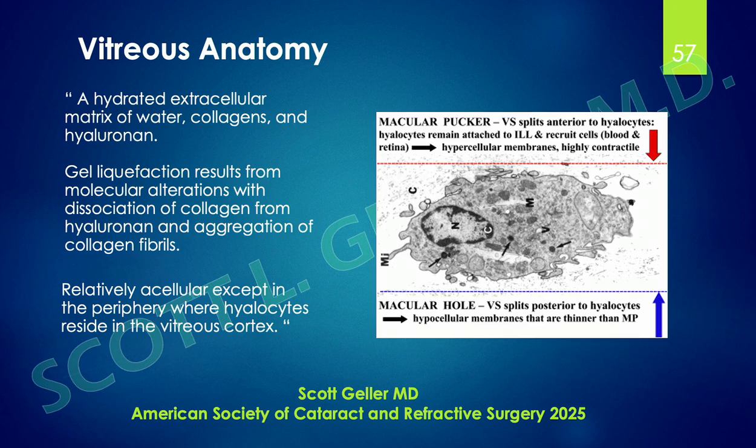That's been known for 75 years now. So the vitreous is relatively acellular, except in the periphery, where hyalocytes reside in the vitreous cortex. And these hyalocytes are important because they're believed by various researchers to be one of the initiating causes of macular pucker or epiretinal membranes.